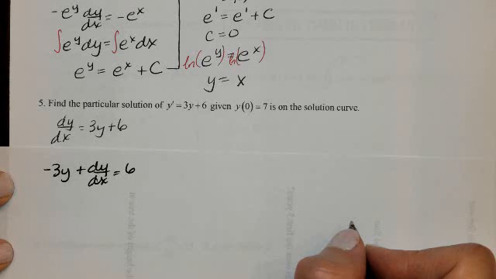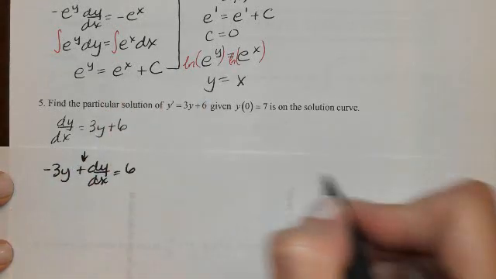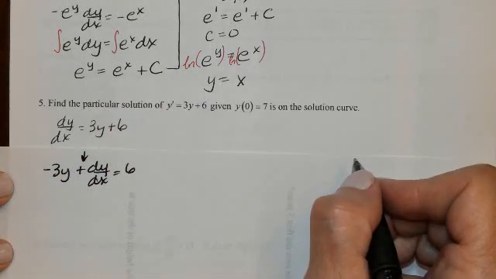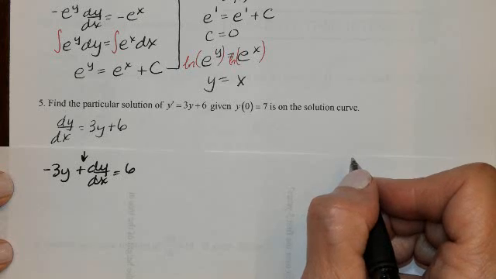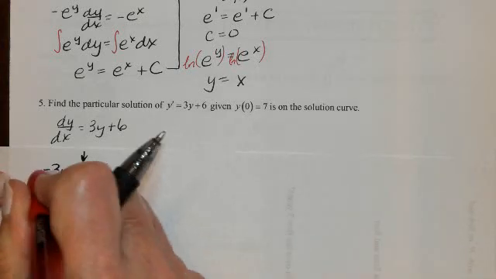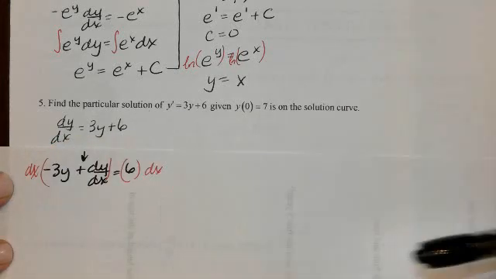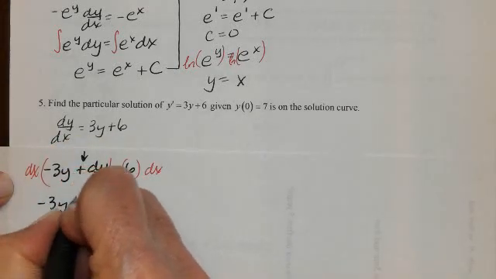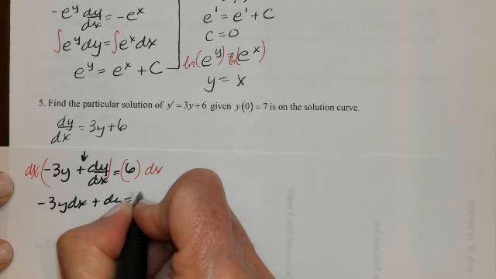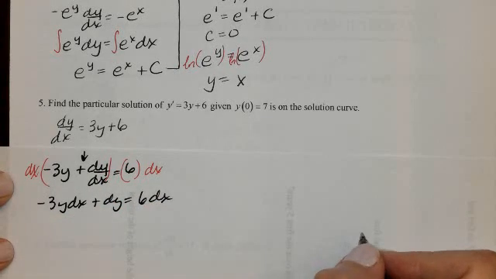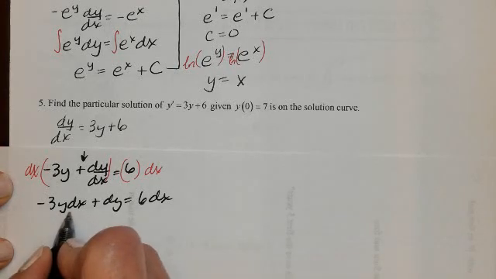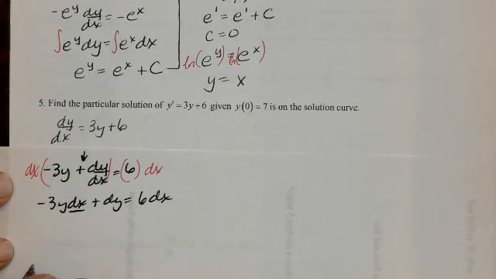Already I can see I'm in trouble because I have a plus dy instead of a times dy. And how do you move the dx over? Wouldn't you have to multiply both sides by dx? So then we would have negative 3y dx plus dy is equal to 6 dx. That is not separated, right? So then you're like, okay, maybe how do we get rid of just that dx? Well, you can't.